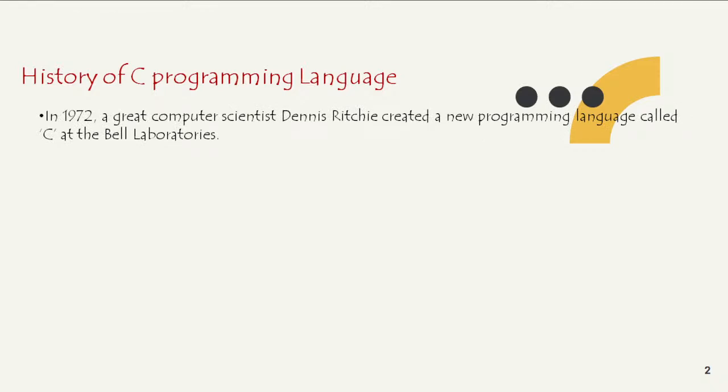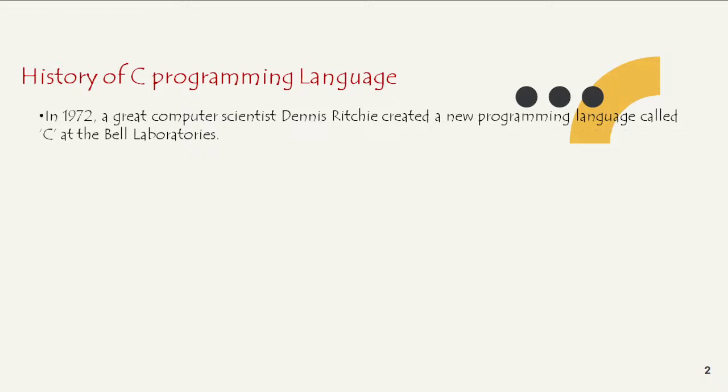In 1972, a great computer scientist, Dennis Ritchie, created a new programming language which is called C. At AT&T Bell Laboratories, he invented the C programming language for the first time. Before the C programming language, other basic programming languages existed.